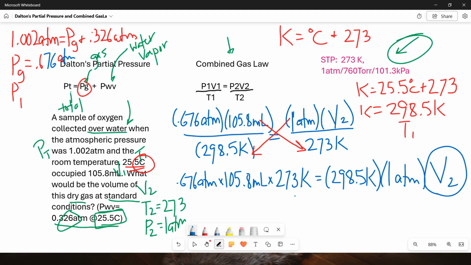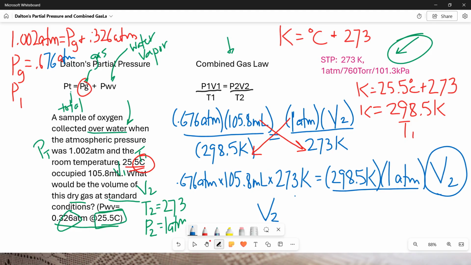Now we're trying to solve for volume 2, so we're going to divide both sides by the 298.5 K and the 1 atmosphere. And when we do that, volume 2 comes out to be 65.4 milliliters. And that is going to be our final answer.